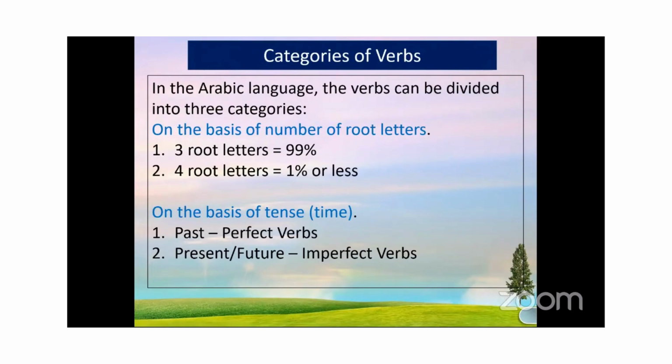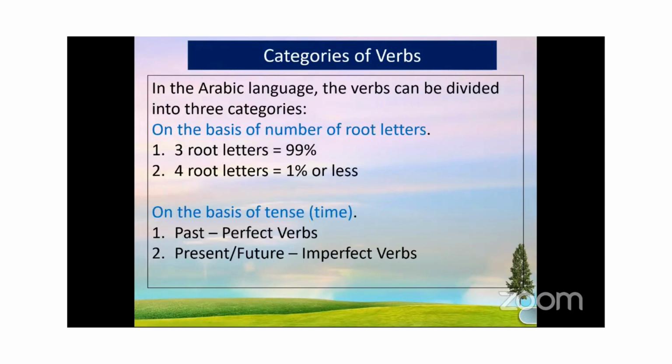So if we categorize the verbs based on the number of root letters, what kind of categories do we have? 3 root letters and 4 root letters. Now, what is the Arabic for 3? Salasa, right? Salasa is 3. So we call them the 3 root letter Salasi verbs.